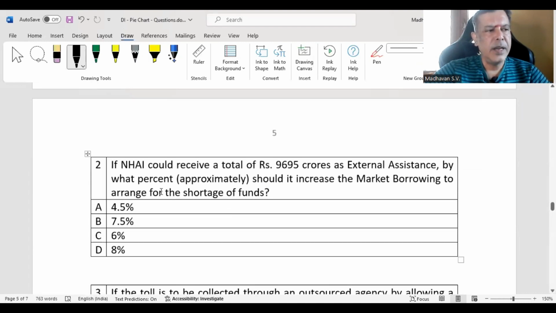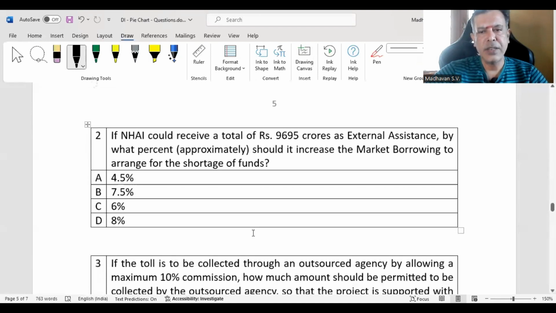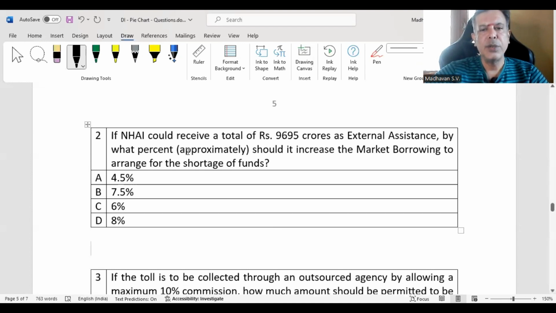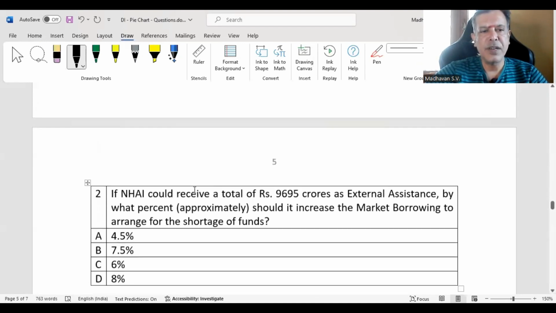If NHAI could receive a total of rupees 9,695 crores as external assistance, by what percentage approximately should it increase the market borrowing to arrange for the shortage of funds?